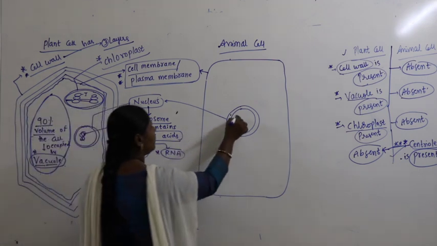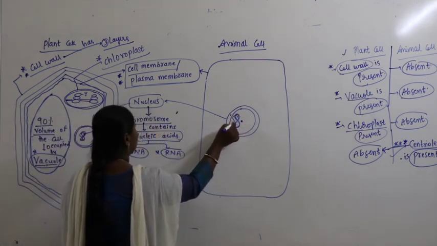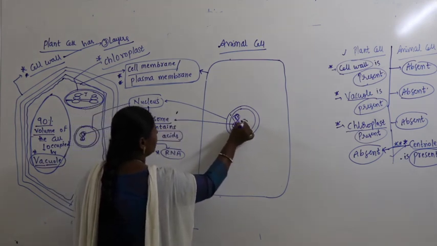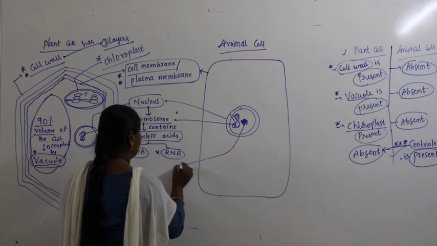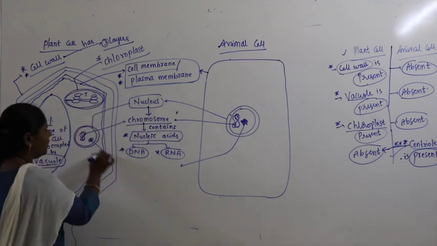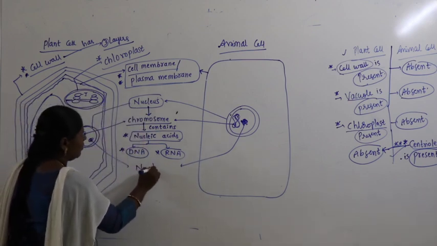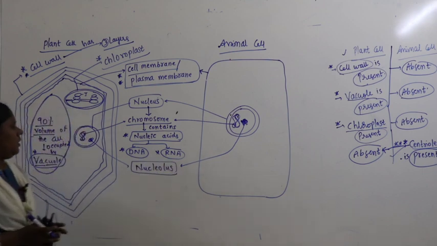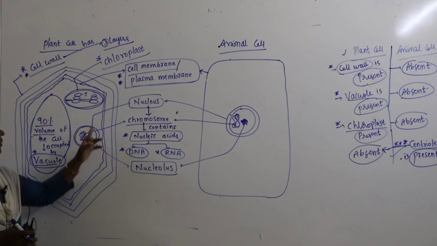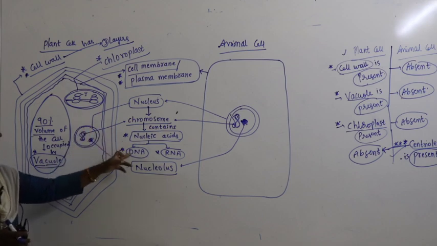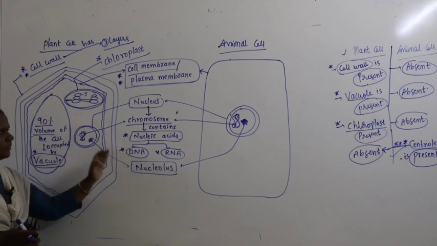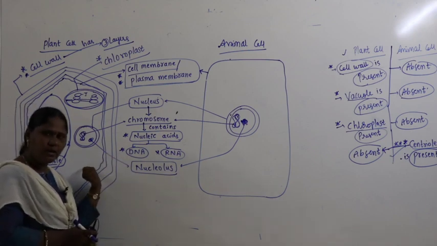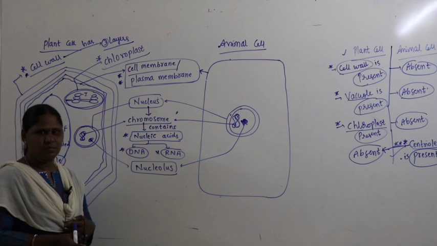Here also the chromosome is present that contains the same, and here and there you find a nucleolus, another material at one corner. What is the nucleolus, the chromosome, DNA, RNA, nucleus, in detail we are going to study later. First let us see what is present in plants and what is present in animals, right?